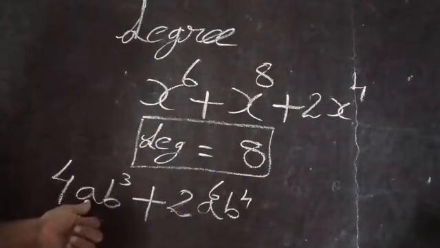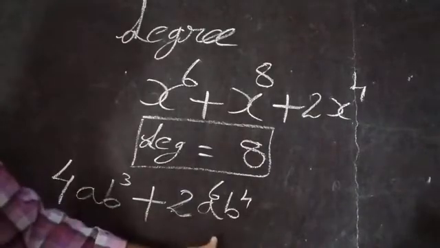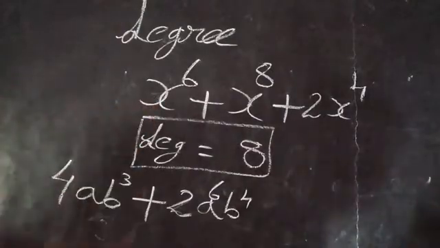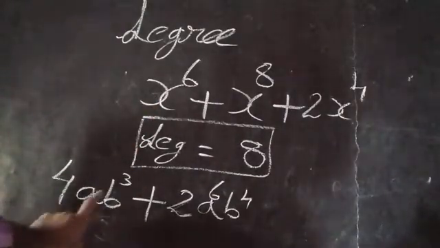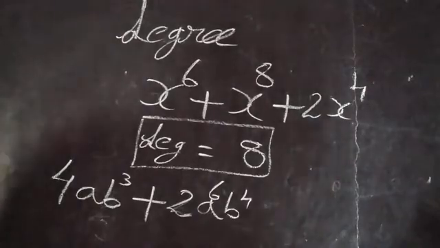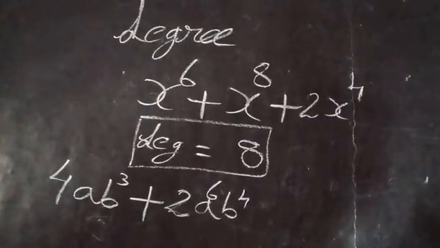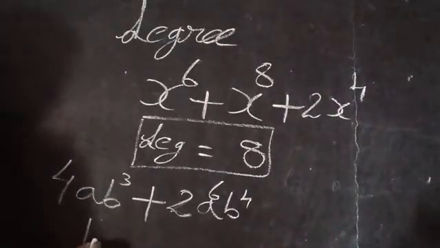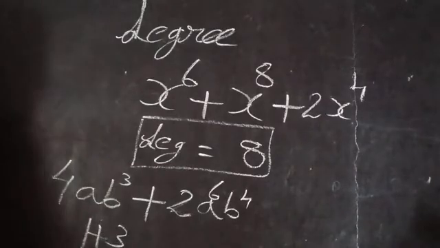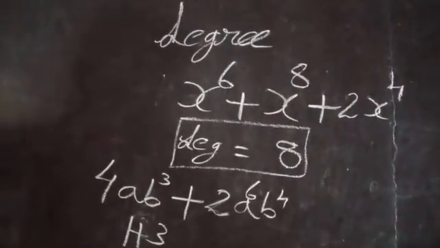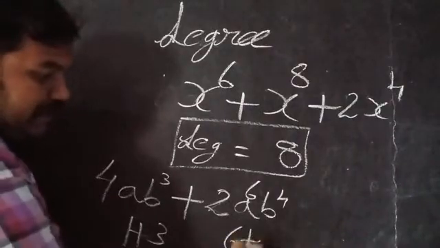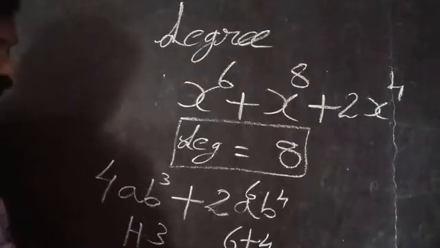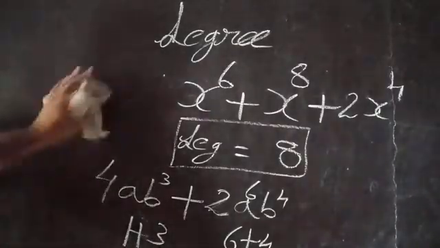Because there are two alphabets, a and b, in each term. If two or more alphabets are there, we have to do the addition. The powers in the first term are 1 and 3, which is 4. In the second term, 6 plus 4 is 10. So the degree is 10.